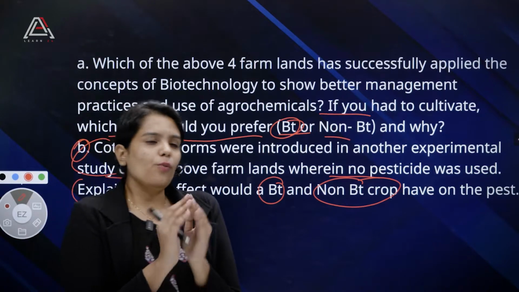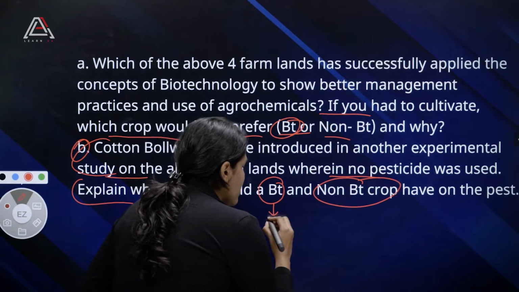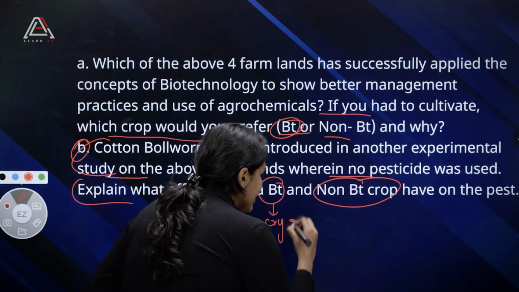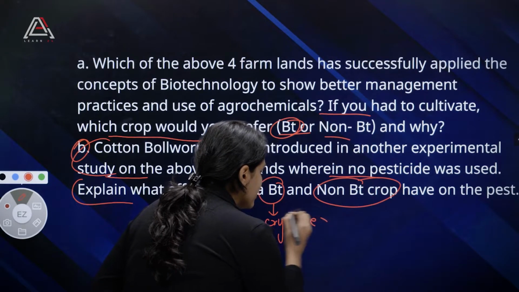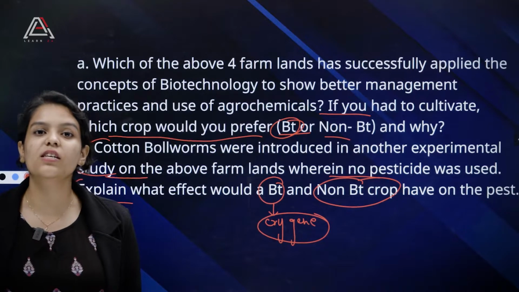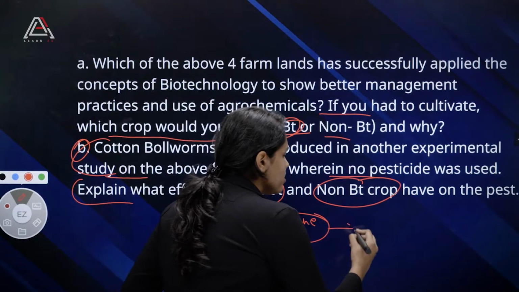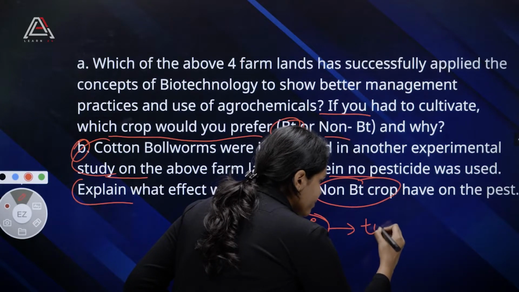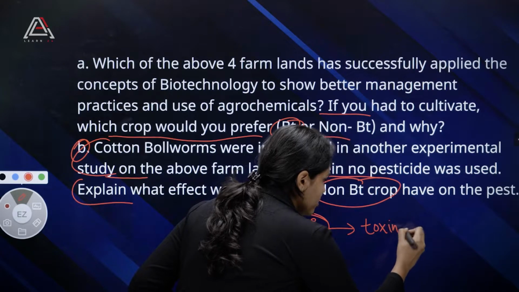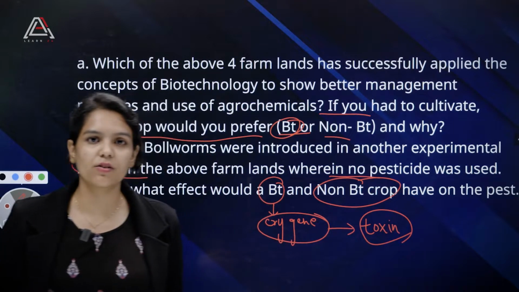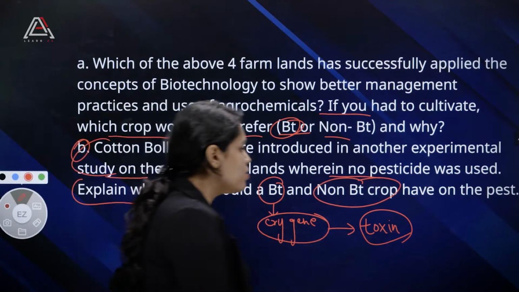So the BT crop is already having a resistant gene, which is a cry gene. This cry gene is basically producing a toxin, that is, a toxin protein. What does it do?